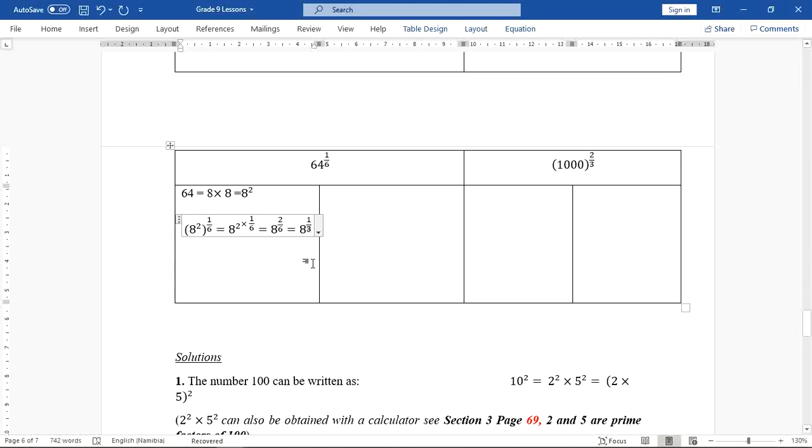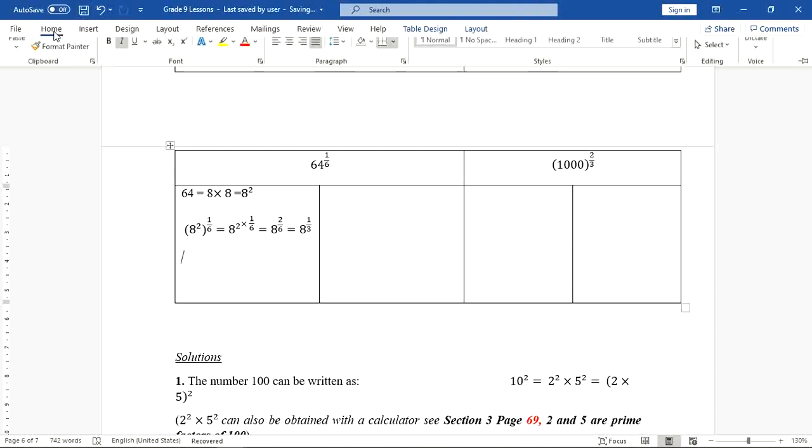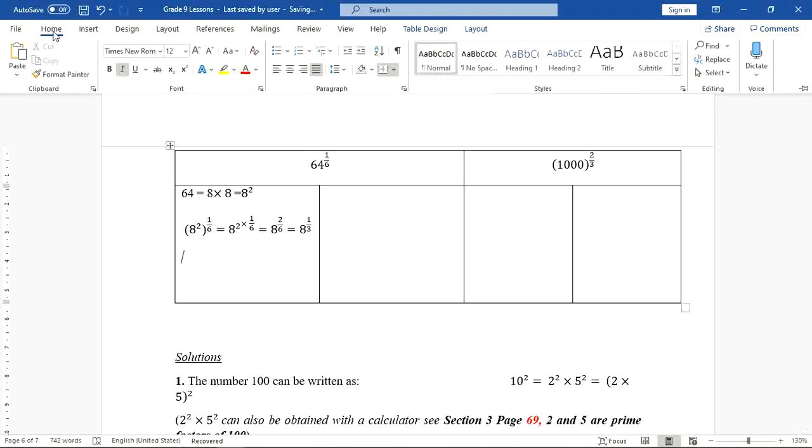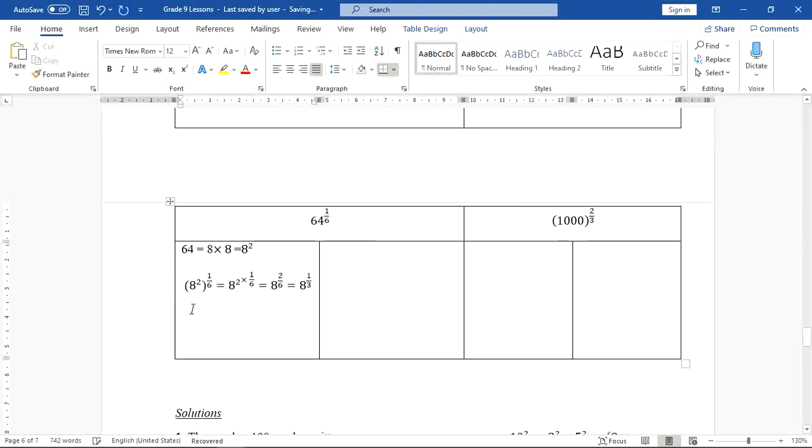Now again, I know that the number 8 is 2 exponent 3. How did I get that? 8 can be written as 2 times 2 times 2.